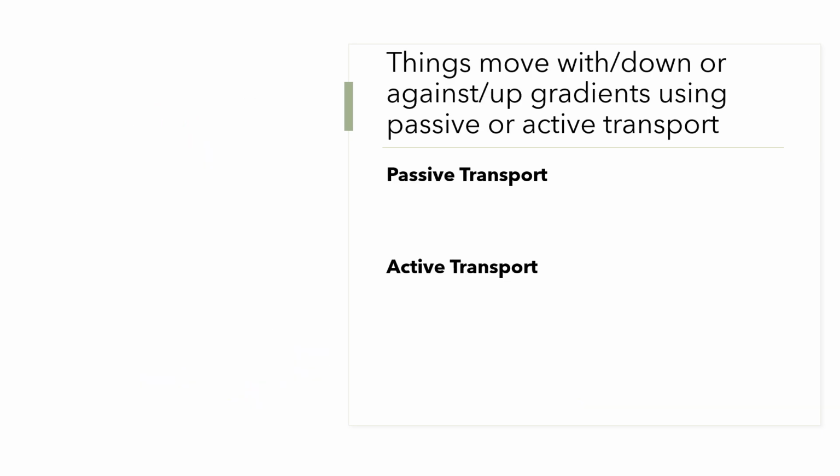So looking more closely now into this idea of moving with or against our concentration gradient, let's connect it back to the cell. When cells are moving materials across their membrane, or just across the cell in general, they do so using either passive transport or active transport.